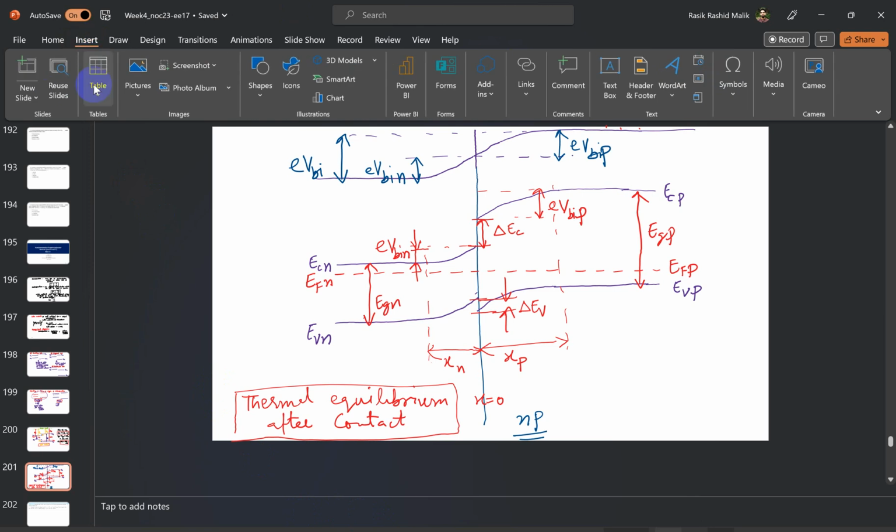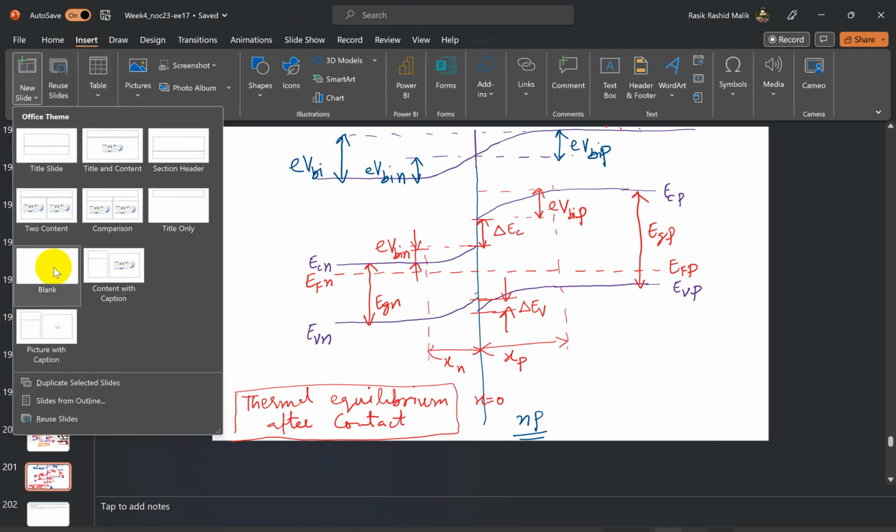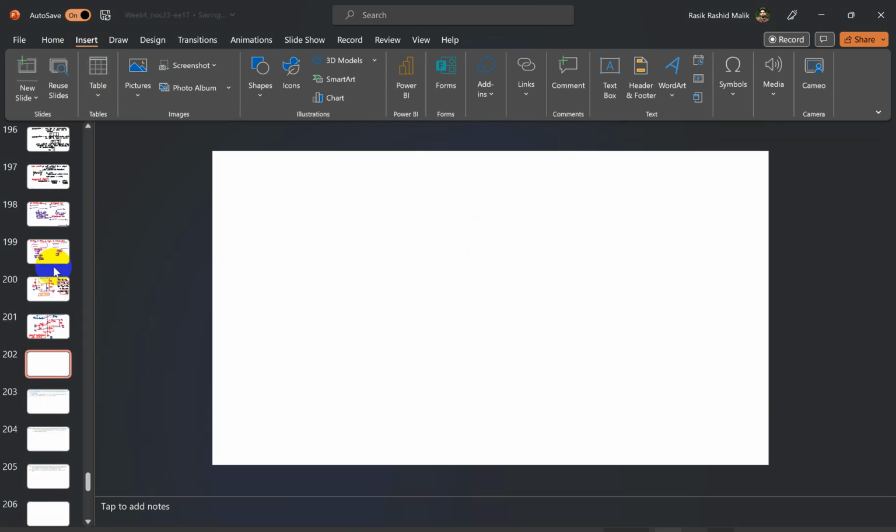We'll consider the special case now of the isotype heterojunction, which is widely used in the case of gallium arsenide, aluminum gallium arsenide heterojunctions, or gallium nitride, aluminum gallium nitride heterojunctions. So this is N and N, when we have the same type of doping on the two sides.